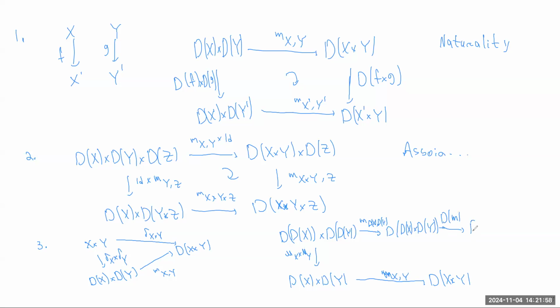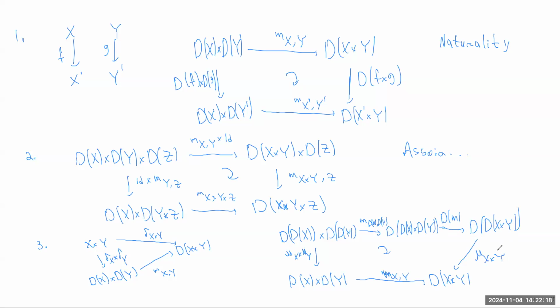So this will give me D of DXY, and this is the m for these things. We have to apply two of m like this in order to get this, and this commutes.